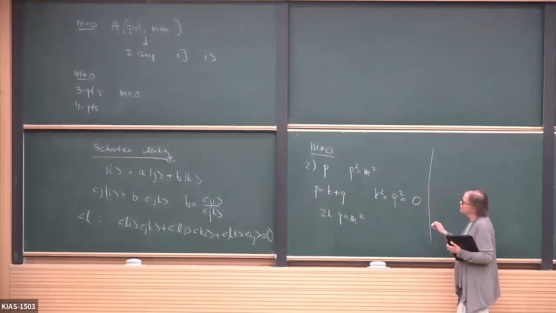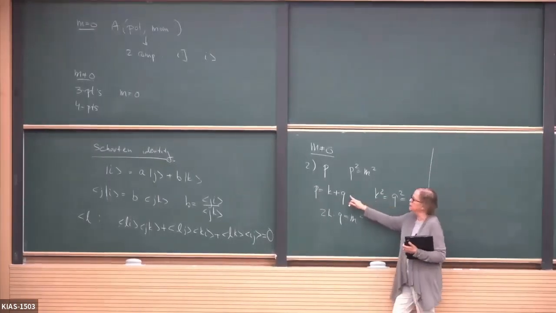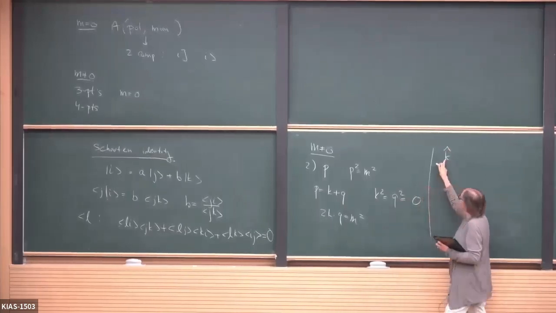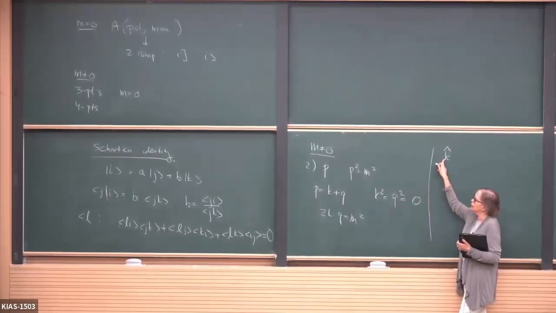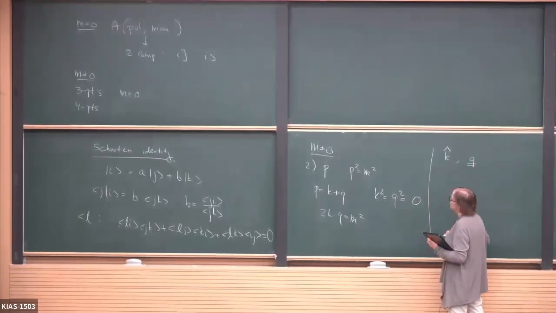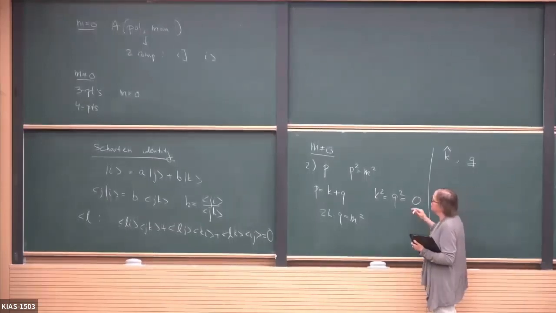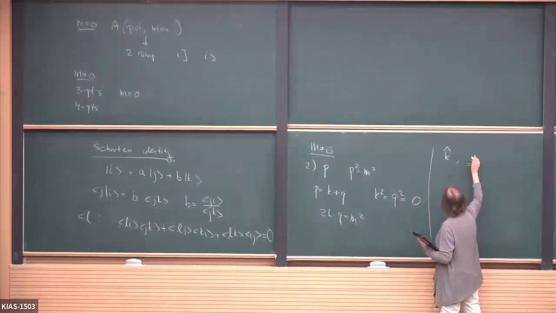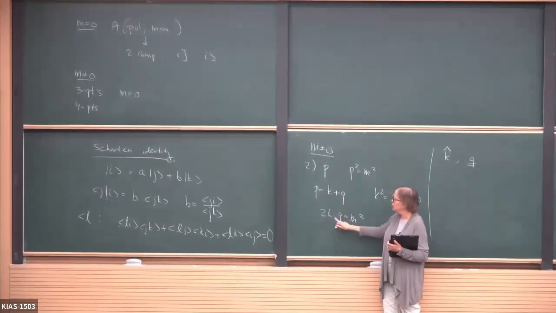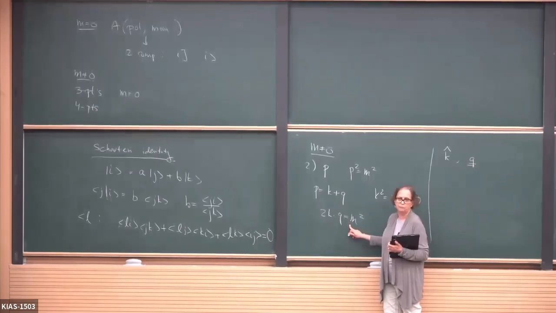And notice that the only thing that we need to choose here is the direction k. Because once I choose the direction k, then q is fixed, and then I can also determine the magnitudes by this relation here.